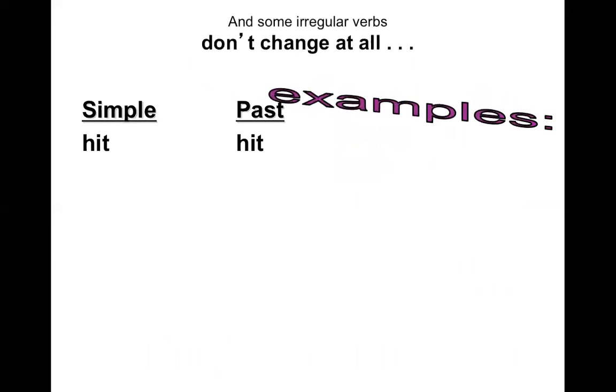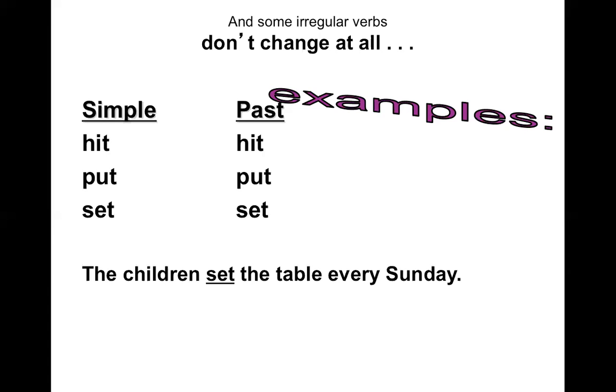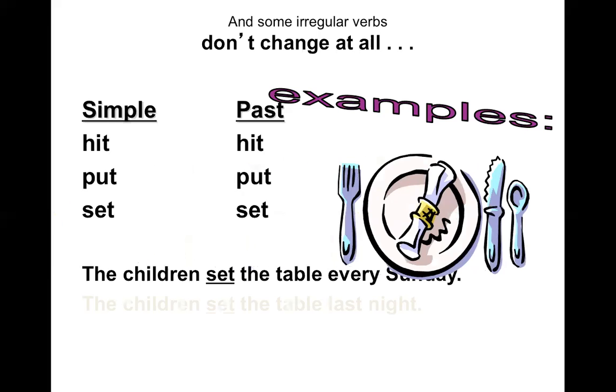For example, hit and hit. In present and in past, you write exactly the same. Put and put. Sit and sit. The children set the table every Sunday. But say the children set the table last night, for example. It's the same.